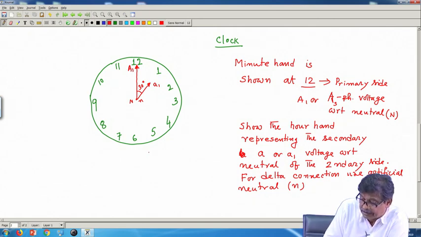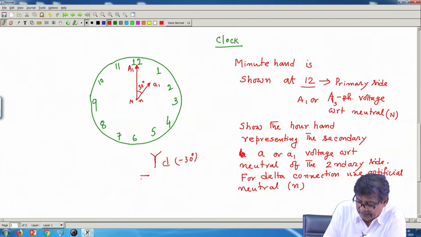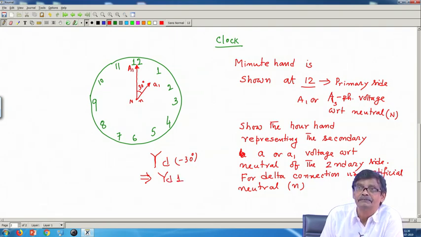Then I will write it as primary star connected Y, secondary is delta connected, delta. Earlier I wrote it as minus 30 degree in the previous page. This is same as Y D 1, that is the time is 1.